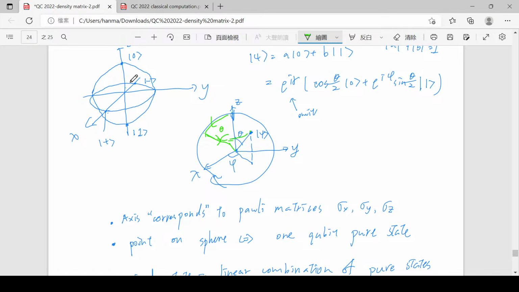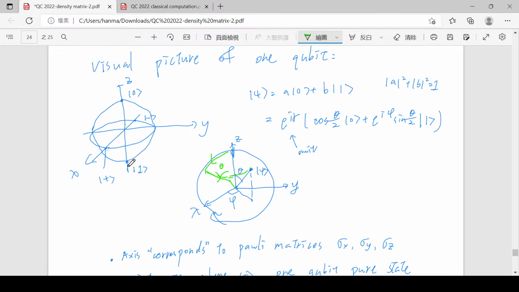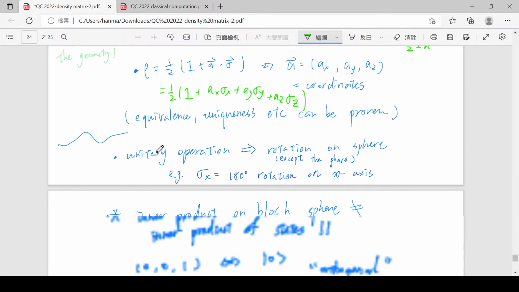Say you want to see whether your spin is in the plus z or minus z direction, or plus x or minus x direction. That corresponds to measuring the Z operator or X operator. And actually, this is really a 3D thing, so you can measure in an arbitrary direction, this whole 2D sphere of directions.